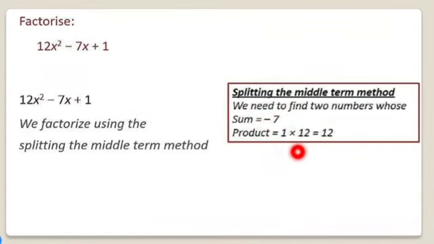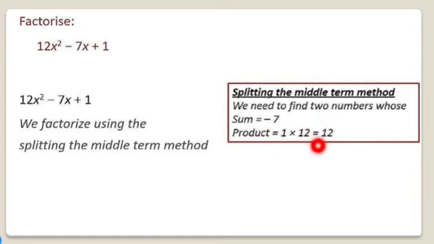Now just list the factors of 12 here. What are the factors of 12? 1, 2, 3, 4, 6 and 12 are the factors of 12. So by using these factors, now we are going to find the terms which give the sum as minus 7 and product as plus 12.